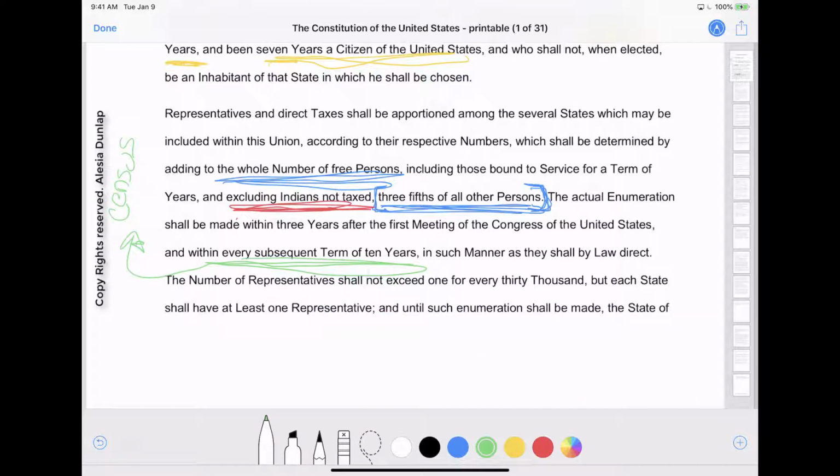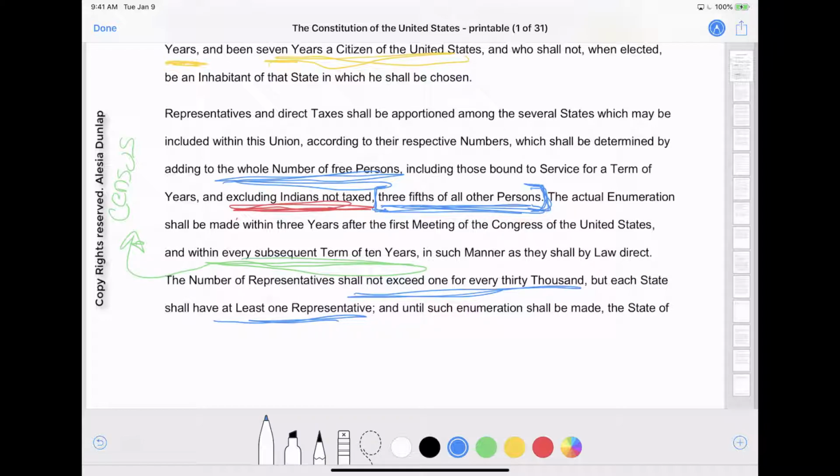Now, let's go over here. The number of representatives shall not exceed 1 for every 30,000. But each state shall have at least one representative until such enumeration shall be made. So each state got one representative for every 30,000 people.